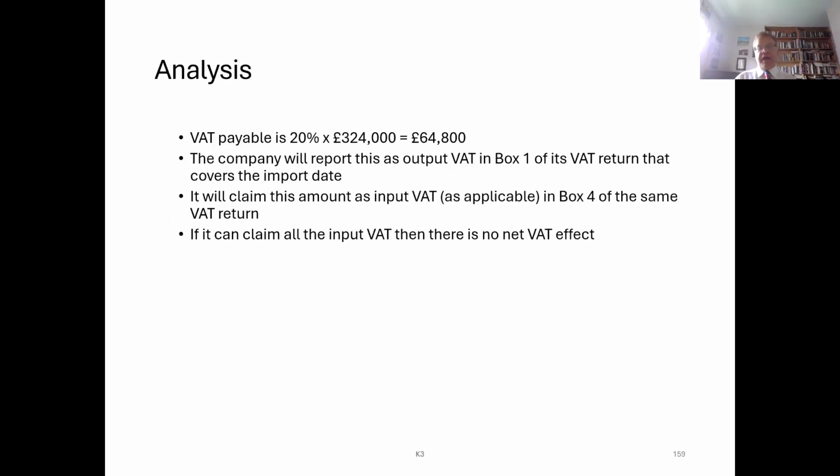The analysis is that VAT payable is 20% times £324,000, which is £64,800. The company would report this as output VAT in box 1 of its VAT return that covers the import date, then claim the amount as input VAT in box 4. It can then claim all the input VAT back, so there's no net effect. The input and the output will be the same.